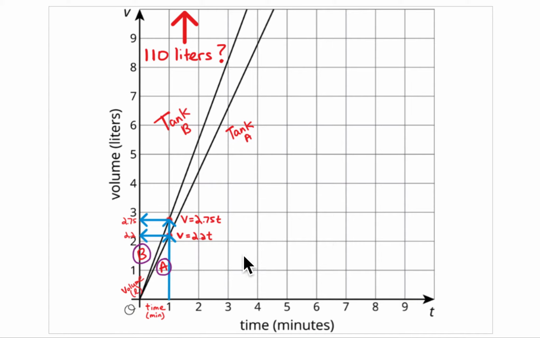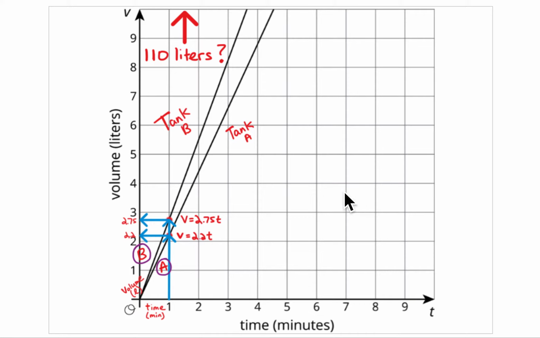All right, so if we go out to 2 minutes, tank A fills to 4 4/10 liters. So 2 times 2 2/10 is 4 4/10. And 2 times 2 7/5 for tank B is 5.5 liters. But what if we want to measure 110 liters?